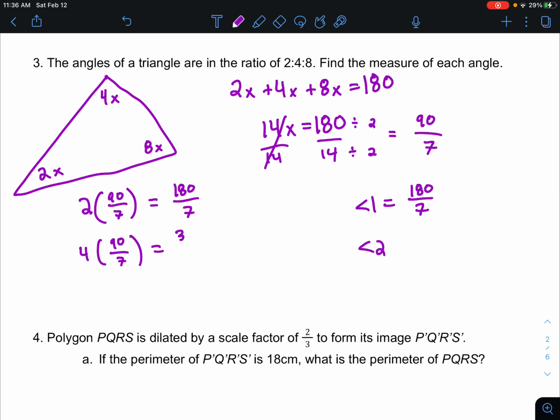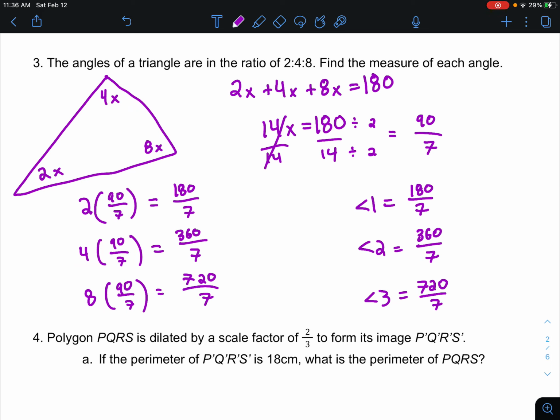And 4 times 90 gives us 360 over 7, which is the most simplified form. And 8 times 90 over 7 gives us 720 over 7, which is also fully simplified.